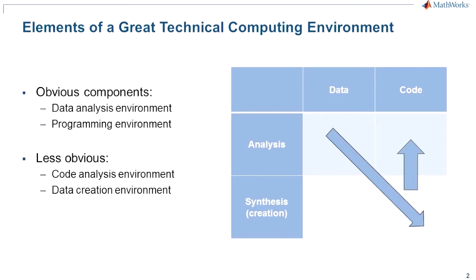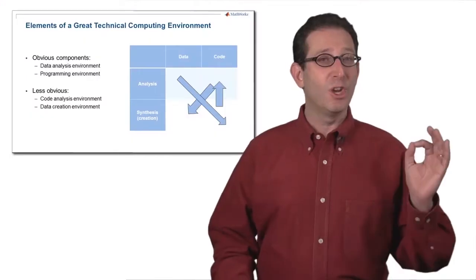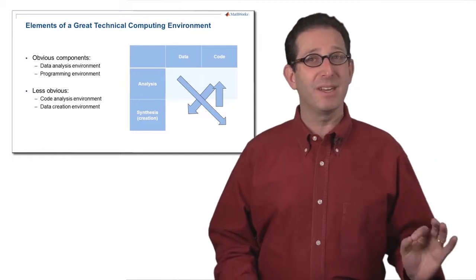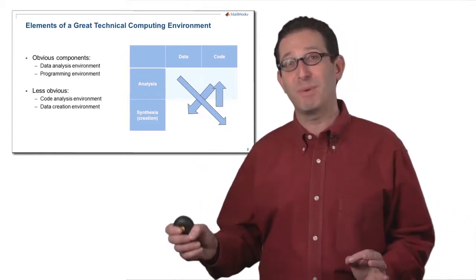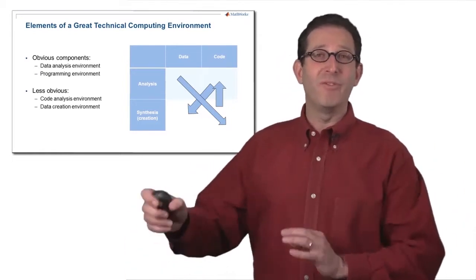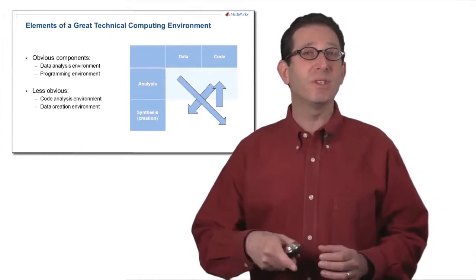And to do the code analysis correctly, you've got to ask yourself, is my code working correctly? To know if your code's working correctly, you want to create synthetic data. So create that data synthetically, run it through the code, see what the results are. You know what the inputs are because they're synthetic data. You check if you get your expected output results. And you're very, very quickly moving through the space.